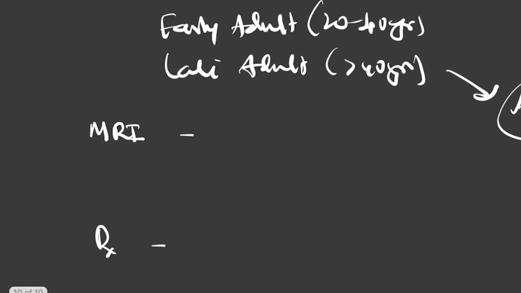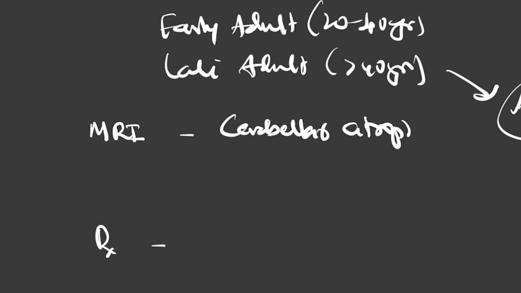If you see the MRI, what will be there? There will be cerebellar atrophy because it's a cerebellar pathology. Dentatorubropallidoluysian atrophy. Why is it called dentato? Because it involves the dentate nucleus in the cerebellum. Rubro, because the red nucleus will be involved.